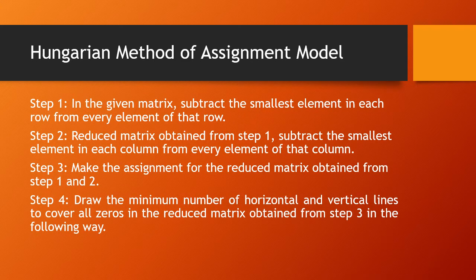It can be summarized as follows. These are the steps that we need to follow in solving the assignment model. Step 1. In the given matrix, subtract the smallest element in each row from every element of that row. Step 2. From the reduced matrix obtained from step 1, subtract the smallest element in each column from every element of that column.